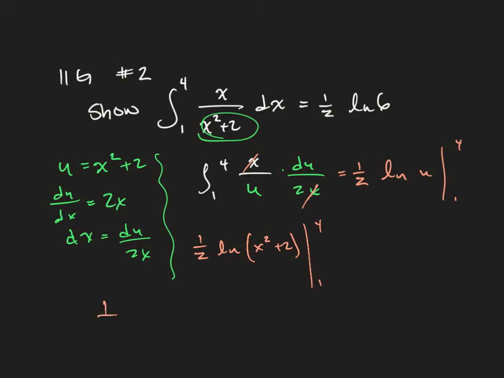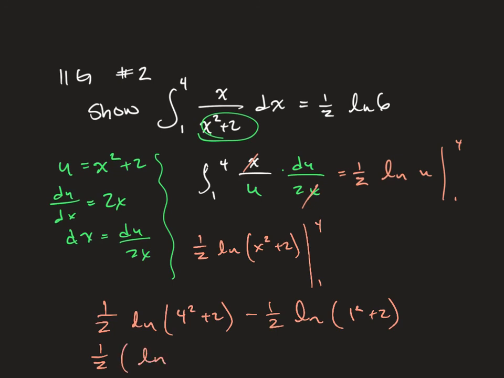Okie doke. So then we have 1/2 ln of 4 squared plus 2 minus 1/2 ln of 1 squared plus 2. We can pull that 1/2 all the way out front, and we would get the natural log of 16 plus 2, which is 18, minus the natural log of 3.